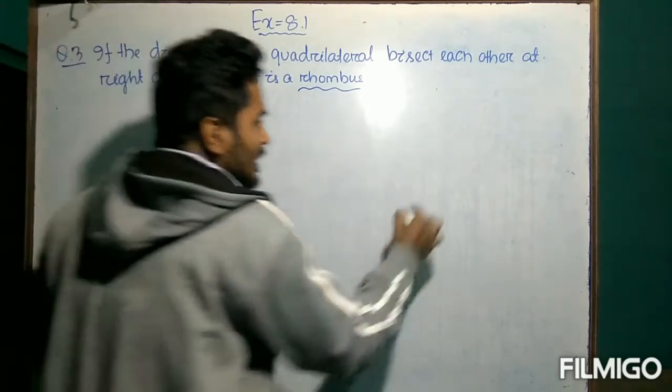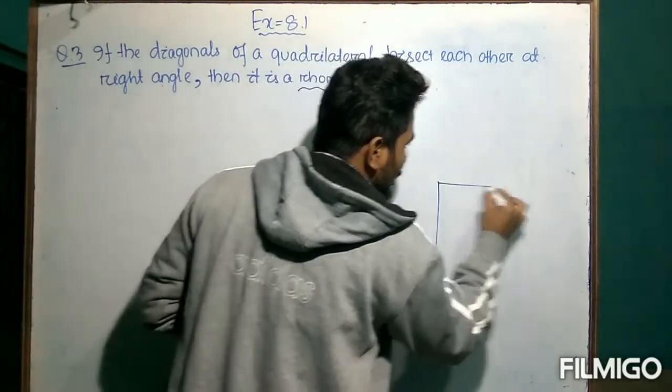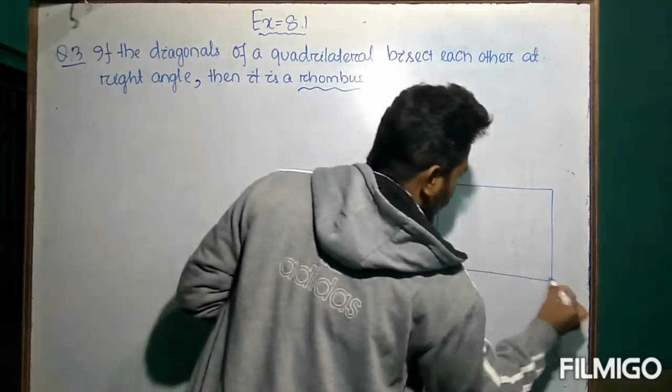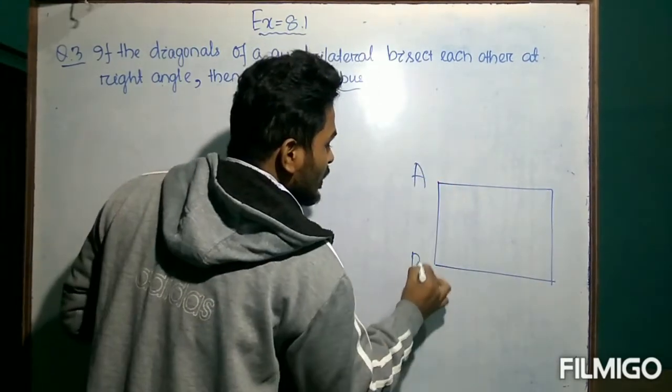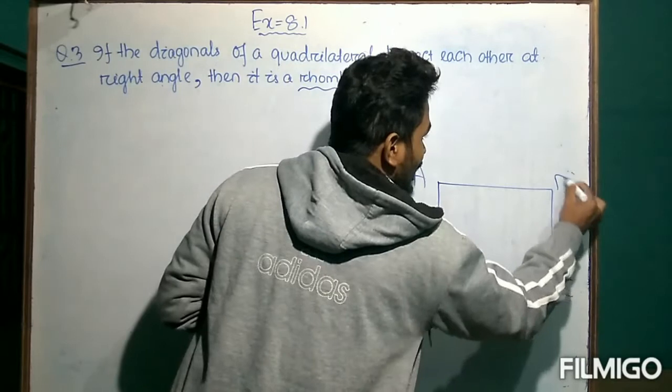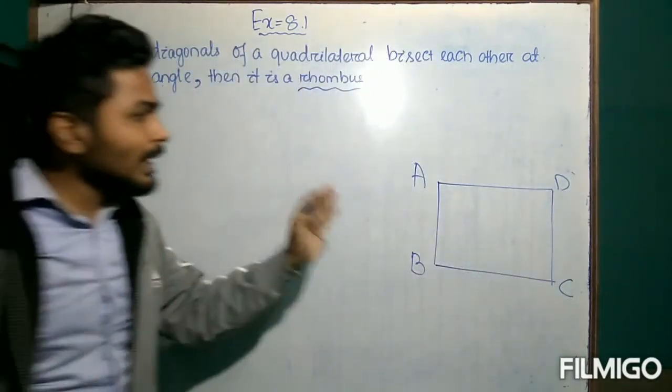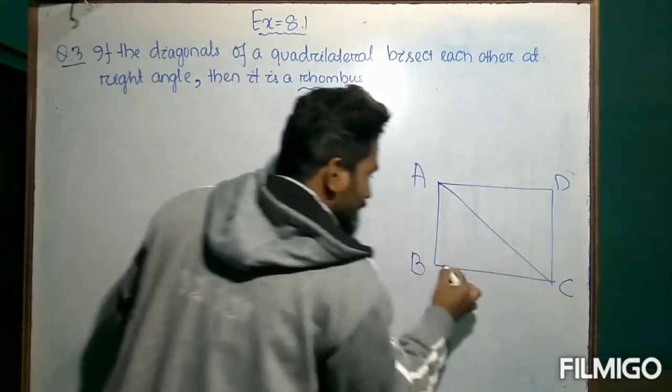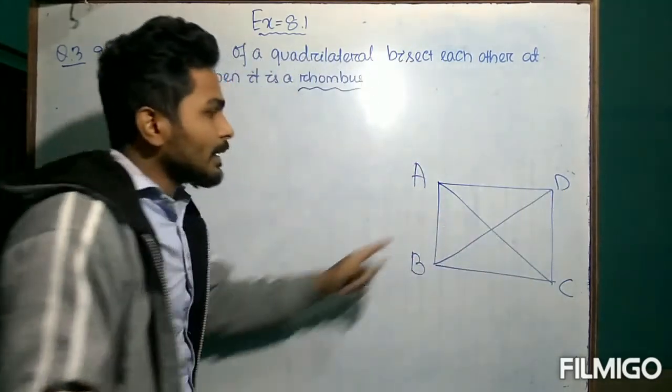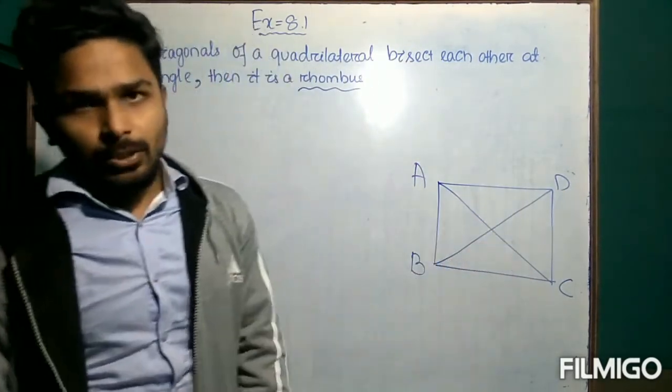Suppose this is a quadrilateral. It is not given which type of quadrilateral it is. It is only given that it has two diagonals AC and BD, and these two diagonals bisect each other.